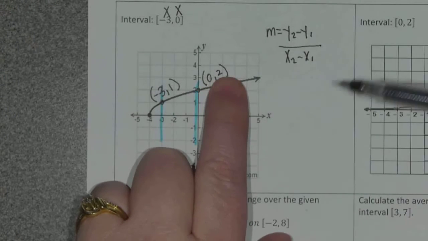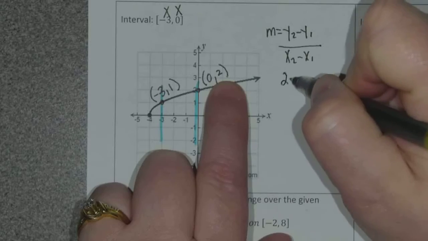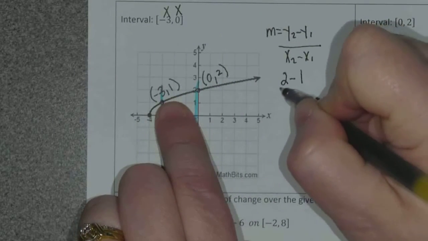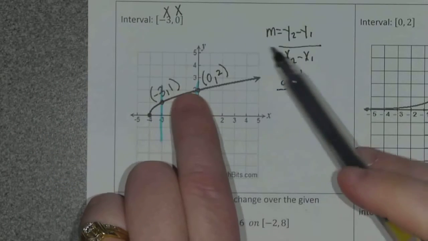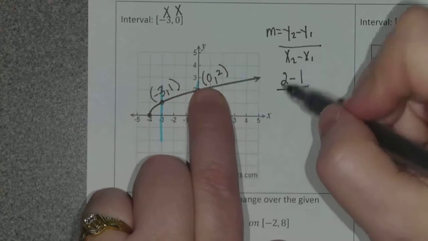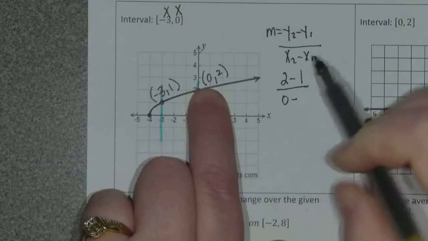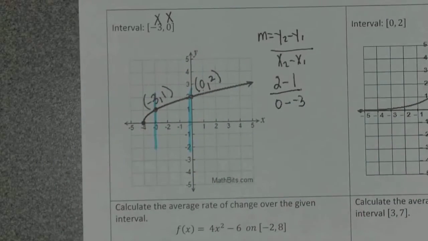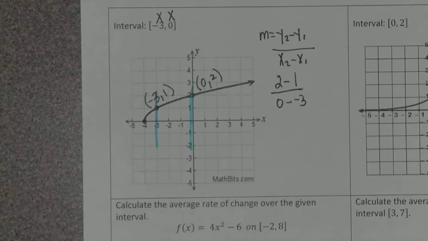So I'm going to do y in my second ordered pair, which is 2, minus y in my first ordered pair, which is 1. And then over the top of x in my second ordered pair, which is 0, minus x in my first ordered pair, which is -3. Does anybody have questions where I got that from to sub it in?